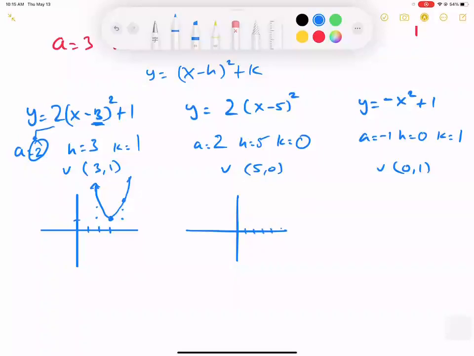What's the a value here? 2, right? 1 step over, 2 steps up. The last one on the right: 0, 1. So in this case, a is negative 1, that's our a value. One step over, one step down. One step over, one step down.